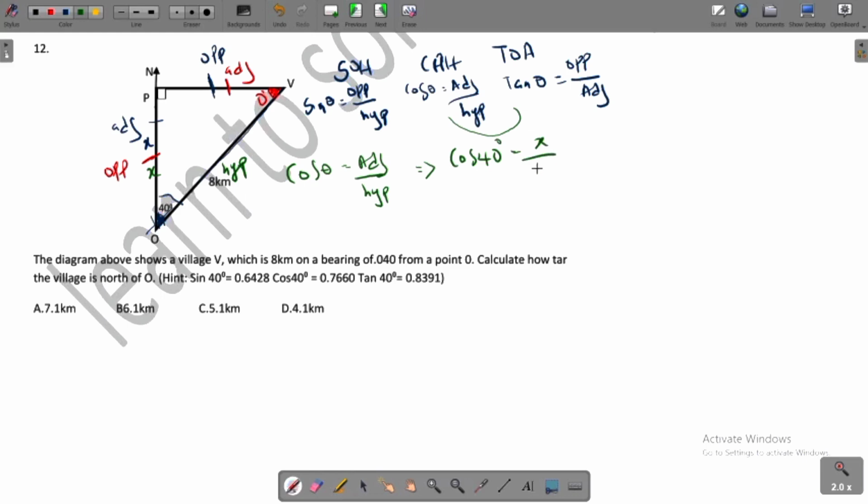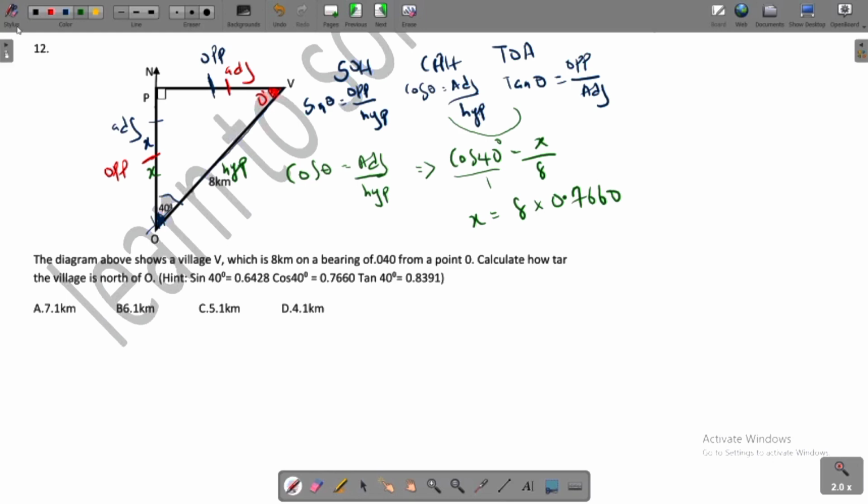x over 8. So cross multiplication, you have x is equal to 8 times cos 40, which is 0.7660.